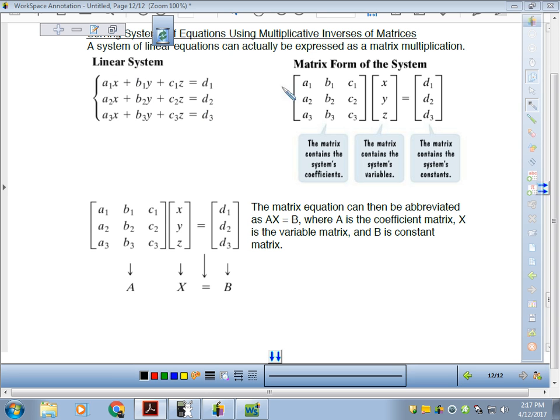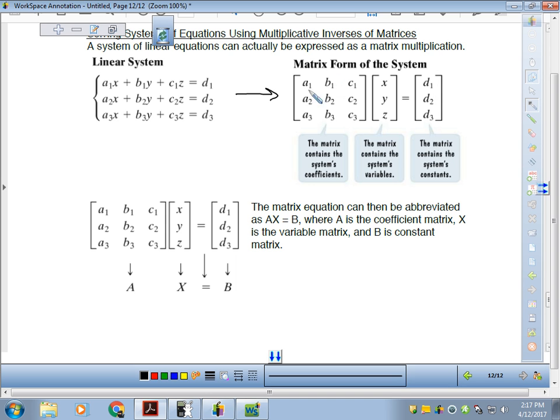Well, this system can actually be turned into a matrix equation, where here you have a 3 by 3 matrix made up of your coefficients, a1, b1, c1, a2, b2, c2, a3, b3, c3. Over here you have a matrix that is just your variables, x, y, and z. And then equals, over here you have just your constants, your d1, d2, d3.